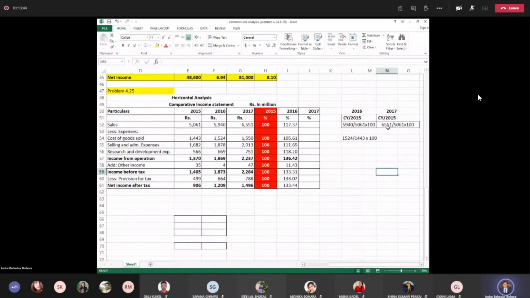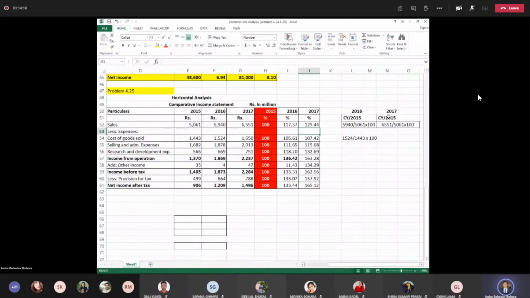It means the information of 2017 divided by 2015. 6551 divided by 5061 multiply 100 is 129%. Now you calculate the percentage of each and every component assuming the base year.